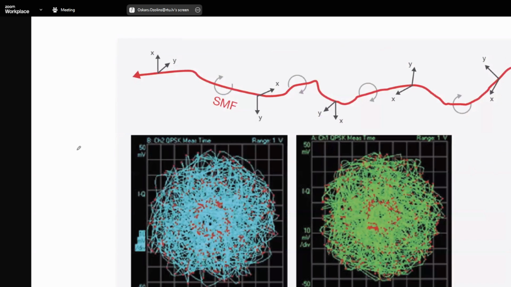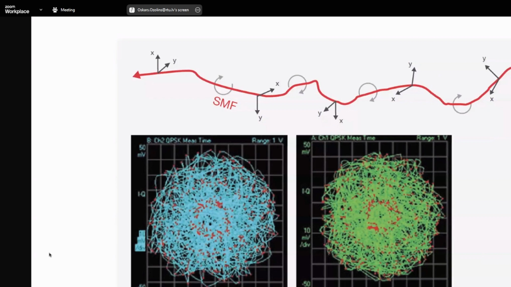Right. So, and why do we have this phase noise? Right, I think now we are moving slightly to other topics. We're talking about the polarization. If we have orthogonal polarizations, X and Y, and the signal is propagating along the single mode fiber, then the states of polarization rotate. If you just try to observe, you will get this type of point cloud, and then you can use this MIMO, so butterfly adaptive equalizer.